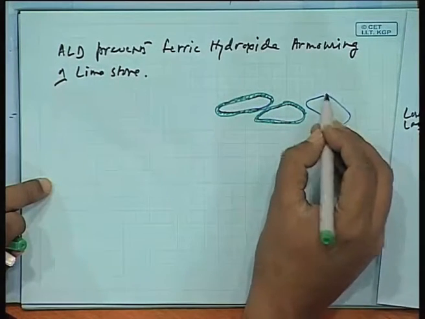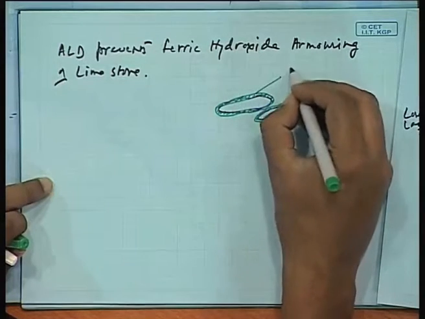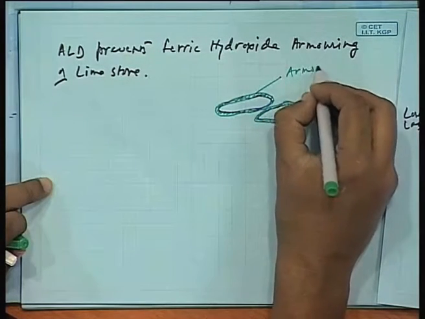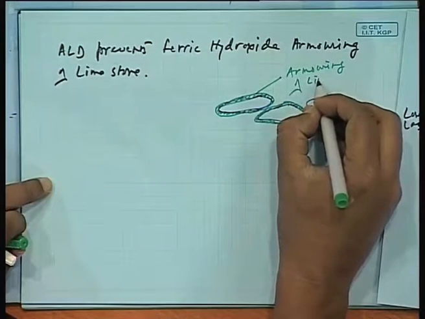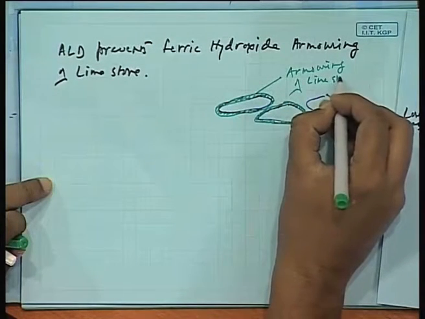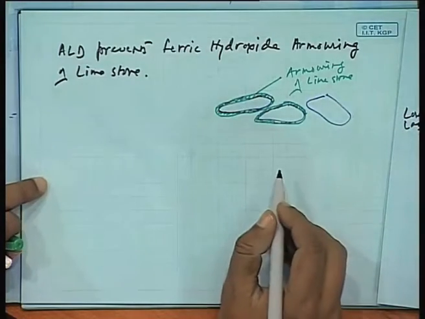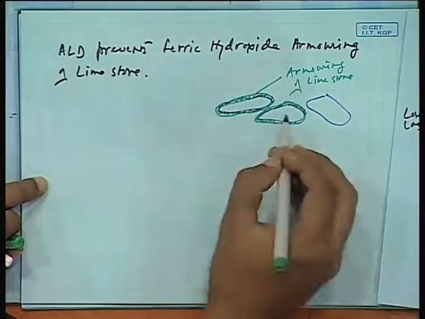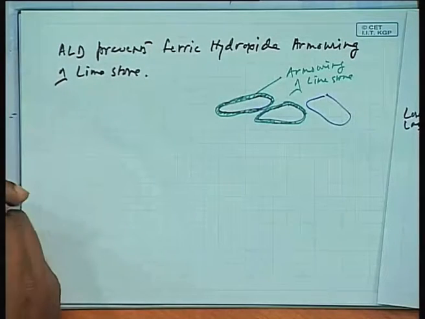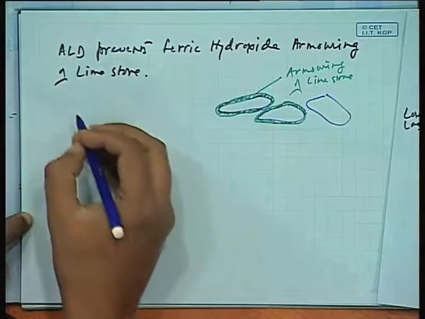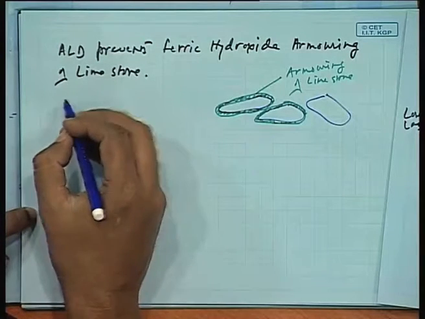This is called the armoring of limestone, the limestone chips. So, ferric hydroxide armoring of limestone.